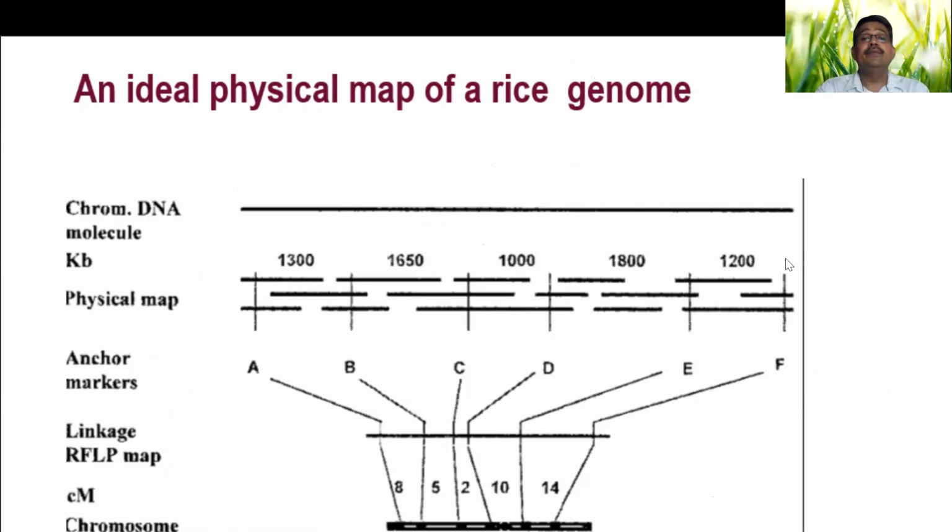If you click the chromosomes, you can get the full length pseudomolecule of rice. That means rice has 12 pairs of chromosomes, 2n equals 24.